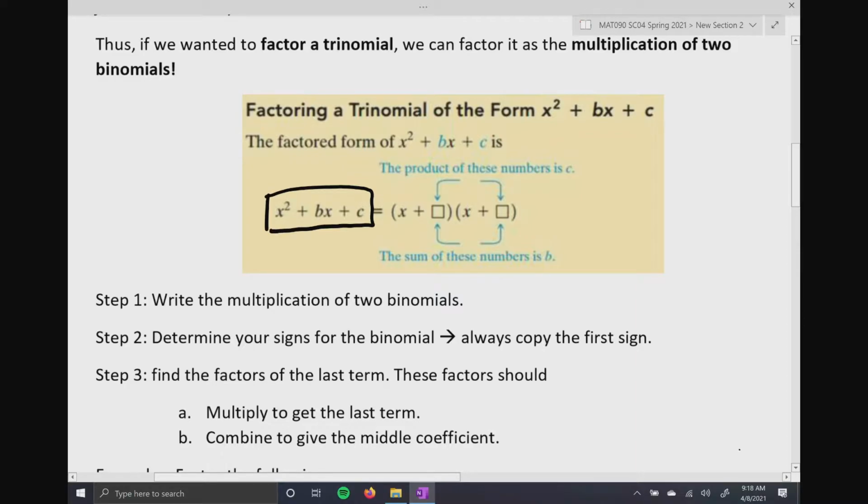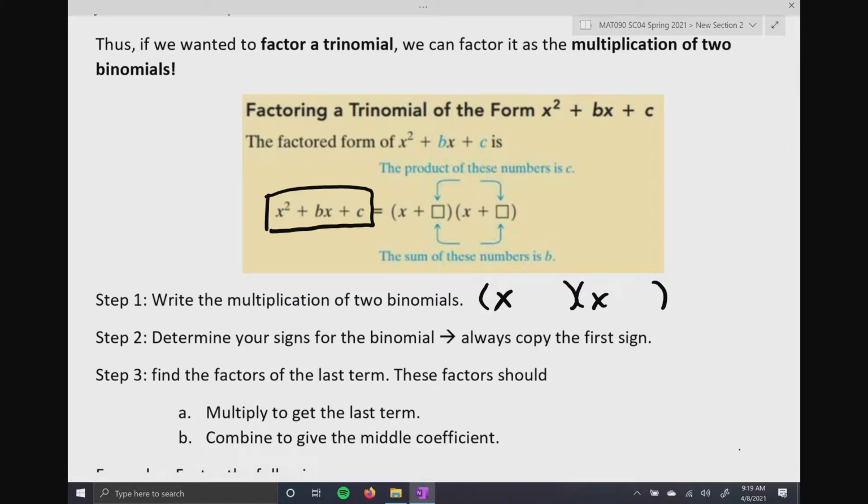I'm going to give you the final result, and you have to tell me what we actually had to start with. So if my initial answer is a trinomial, your first step, and this should almost be a mechanical thing, is to write 2 binomials with an x and an x up front. It's the first thing you should do.